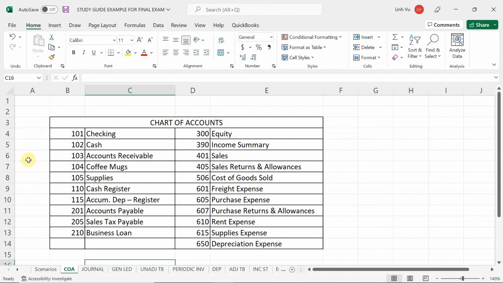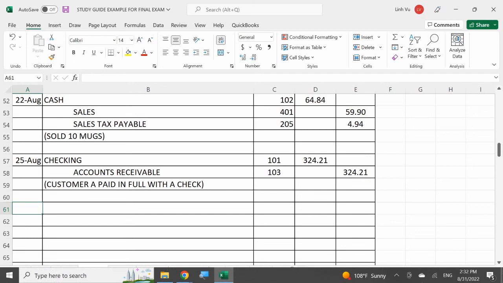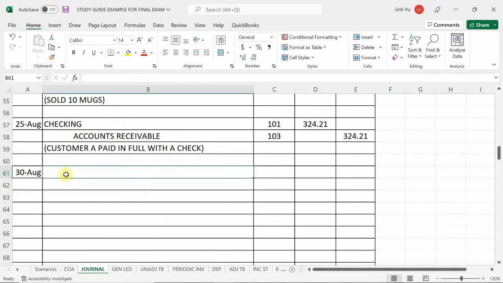Now that we're paying for those coffee mugs, I'm going to be reducing what I owe, with accounts payable 201. I didn't do any purchase discounts or anything like that, because no need to. Again, very simple. Today is August 30th. We're paying for what we owe. So accounts payable 201, and then we're paying with our checking account, 101.